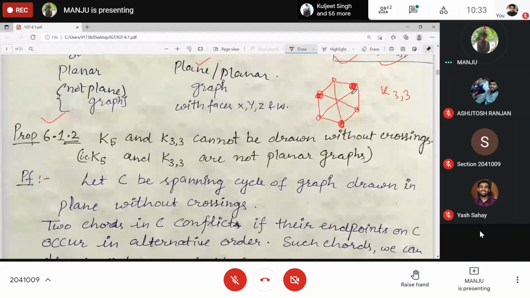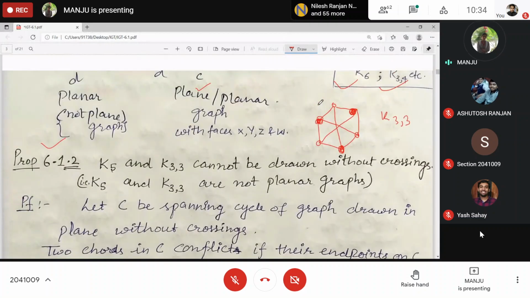Here we have, except this C6 part, the outside part, how many chords can we say we have? 3 chords, right? And these are alternative chords. This endpoint is the endpoint of this chord. Second alternative, third chord, right?